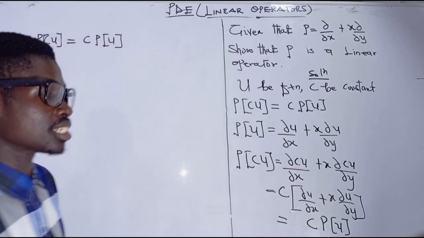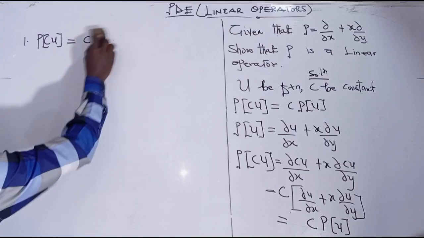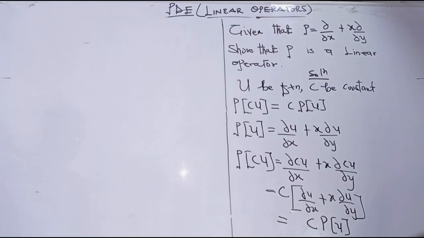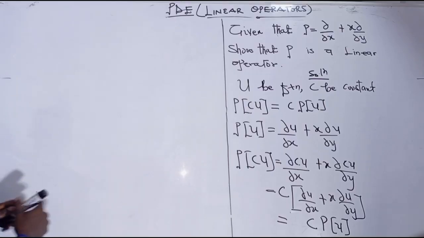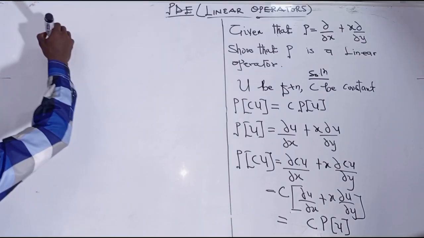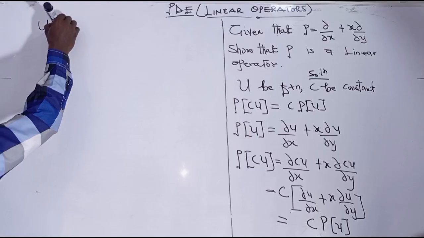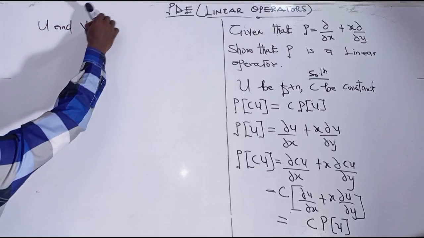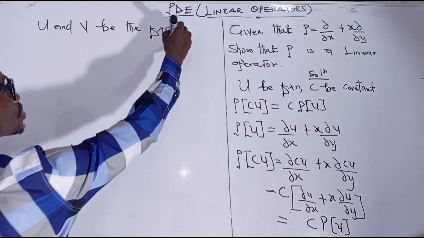Then we move on to the second condition. With the second condition, we are going to add another function. So we have U and V be the functions. And then we are going to include what?